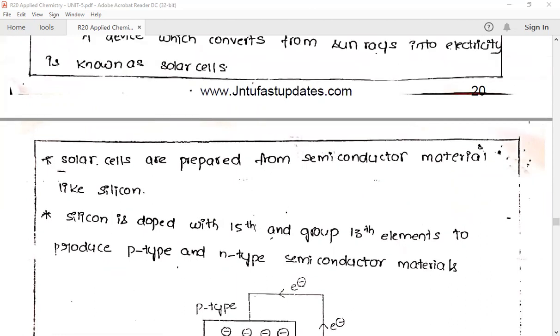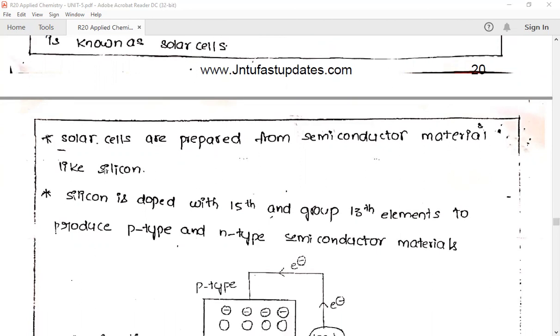Solar cells are prepared from semiconductor material like silicon. I already explained in the last lectures about semiconductor devices: semiconductor materials like silicon and germanium are doped with group 15 and group 13 elements to produce n-type and p-type semiconductors.